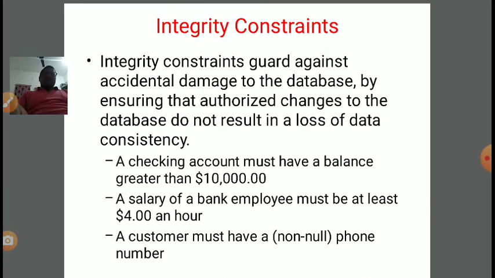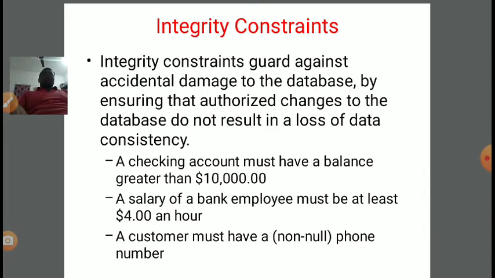Like a checking account must have a balance greater than, if we are saying $10,000, it means this is the minimum constraint we need to satisfy. A salary of a bank employee must be at least $4 an hour. So this is also a constraint. A customer must have a non-null phone number. It is also an integrity constraint. So integrity constraints basically guard against accidental damage to the database.